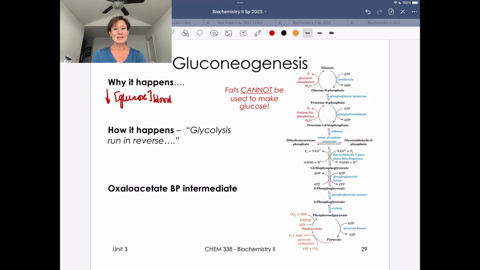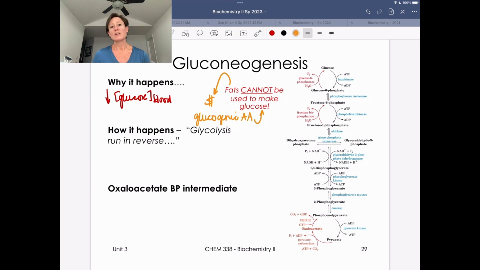So I want to make sure to highlight this important piece here, that fats cannot be made into glucose, right? Fats cannot be used to make glucose. Well, let's clarify this. Fats are worth a lot of money, and they can actually provide the cost for something that is much more costly, which is glucogenic amino acids.